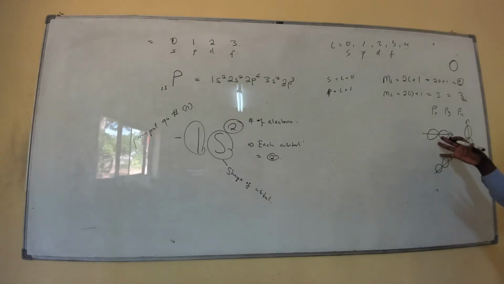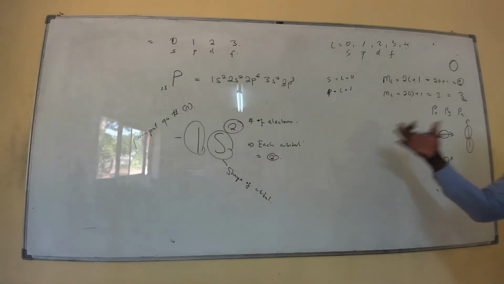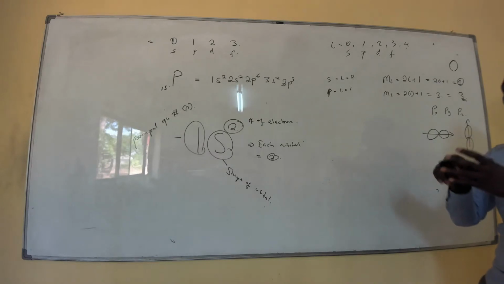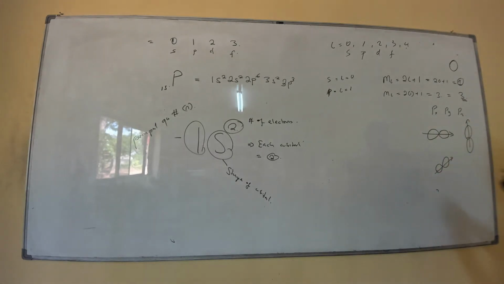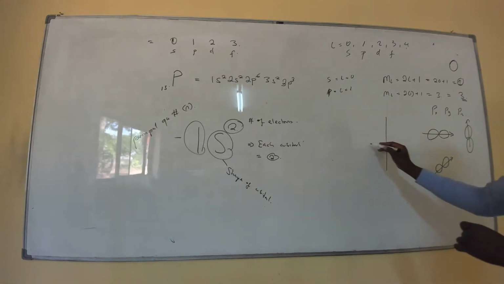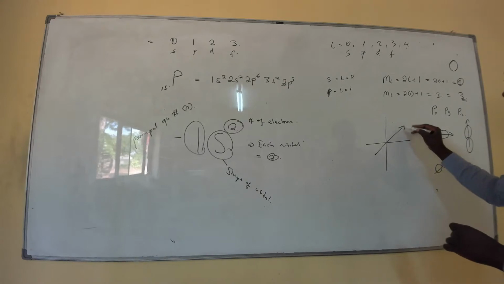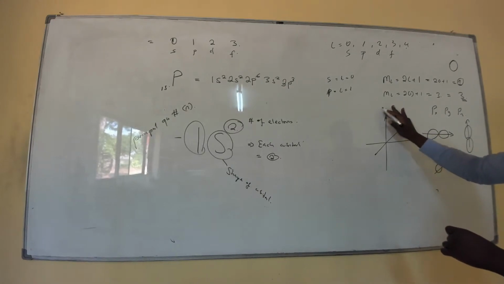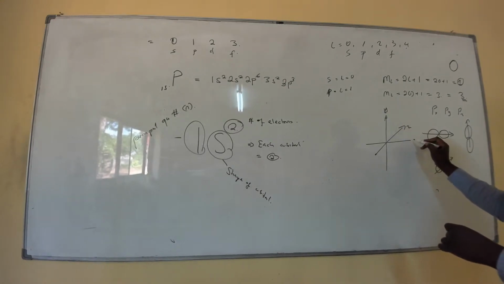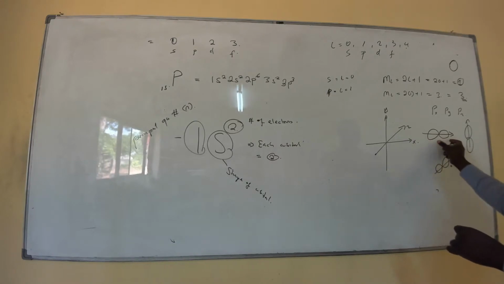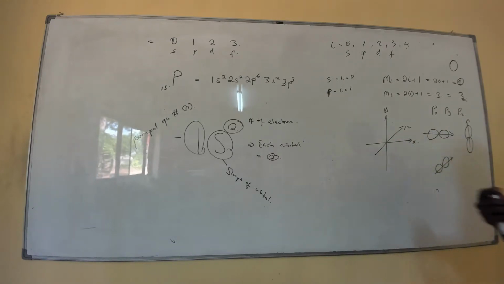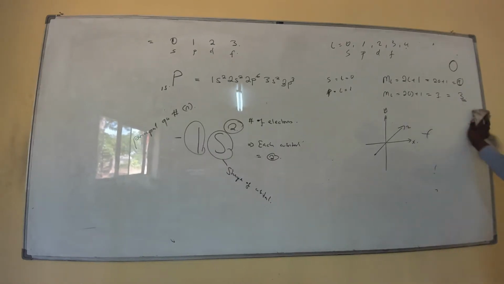For simplicity's sake we draw each one by itself, but in reality they all exist at the same time, in 3 dimensions. So you have something that looks like this, with y, z, and x.